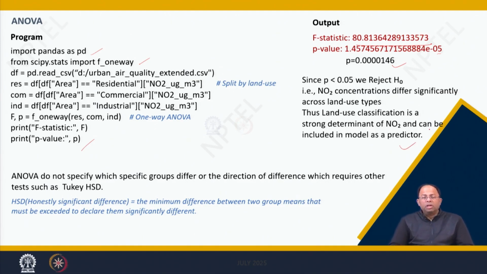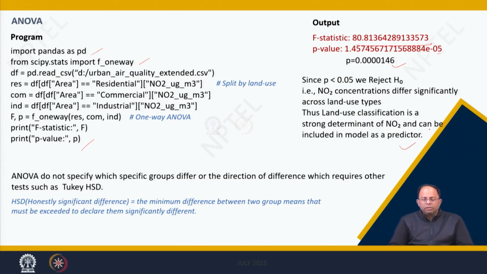Now ANOVA does not specify which specific groups differ, or the direction of this particular difference. Direction means is it increasing or decreasing and so on. It just says it is different. It doesn't say what is different from what.